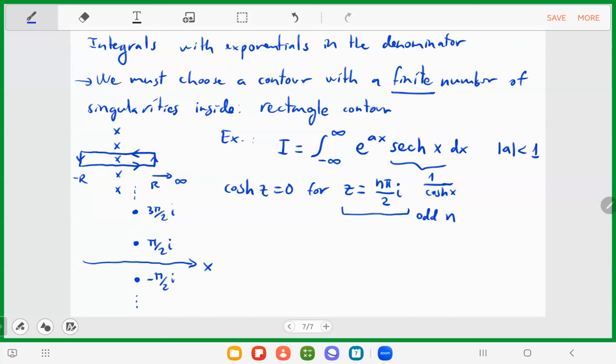And I want to find a rectangle. I want to create a rectangle that includes a finite number of singularities. So let's try to include only one singularity. That would be the easiest thing. Now the rectangle has to be infinitely long, but let's take it first to be just long, between minus r and r.